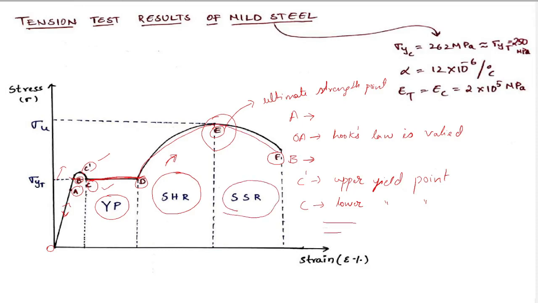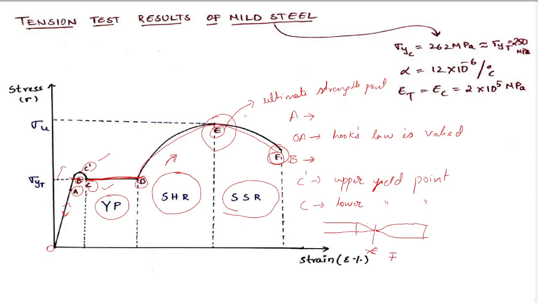In this case, the cross section of the metal decreases drastically and it will tend to fracture. At point E, it gets fractured this way. At point F, it gets fractured this way.